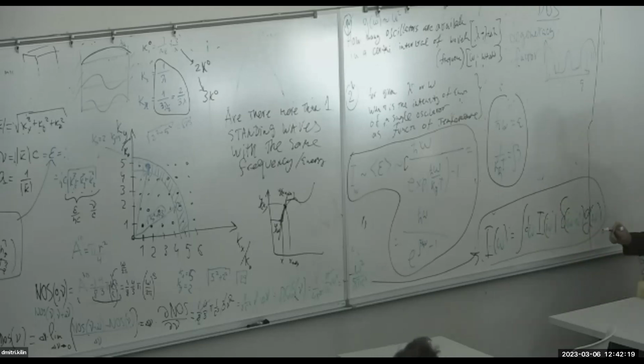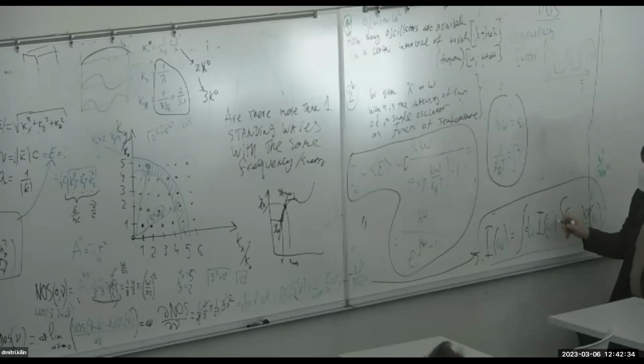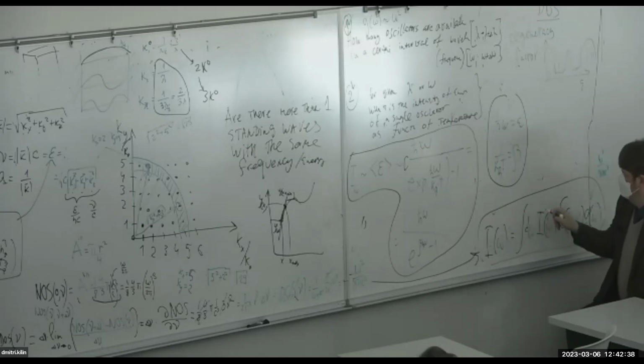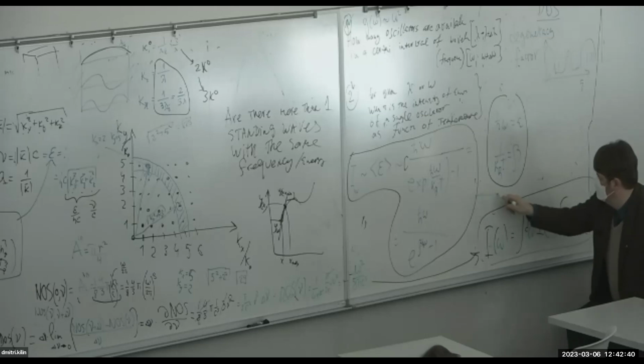So we do have this degeneracy factor, which is just omega squared over 8 pi c cubed. We do have the delta function, and we do have the intensity, which we believe is this factor.